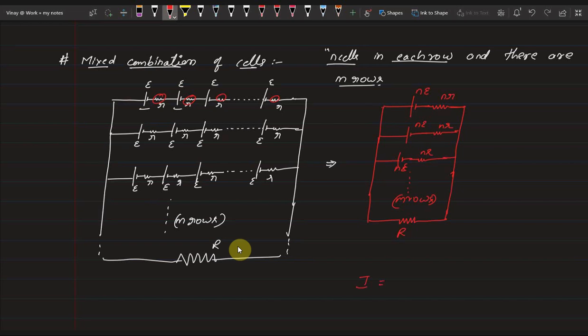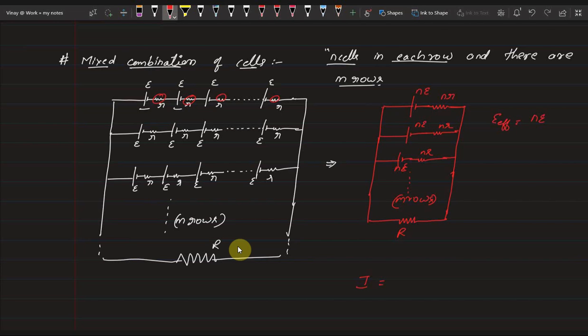In this parallel combination, every cell is having same internal resistance and same EMF. Now, can you tell me what is the effective EMF? Effective EMF will be nE only, because all the cells are having same EMF.